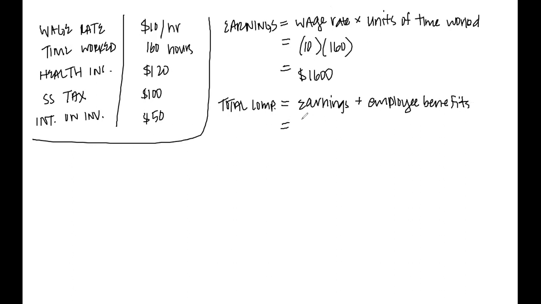That's going to be the $1,600 we just solved for, plus employee benefits, which is the health insurance and social security tax. So we add those two together, so 120 plus 100. So we see that $1,600 plus $220, which comes out to be $1,820.